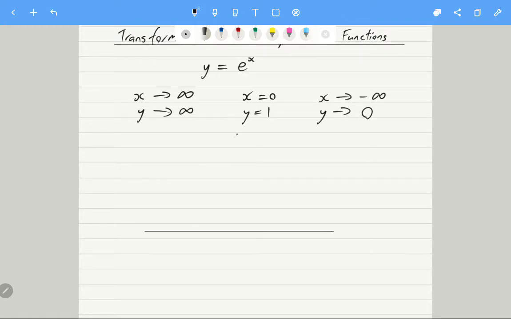We have that at x equals 1, it intercepts there. As x is really small, it approaches 0, and then as x gets bigger, so too does the function.